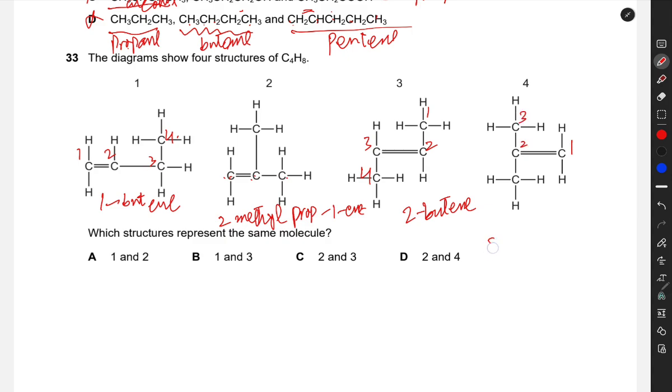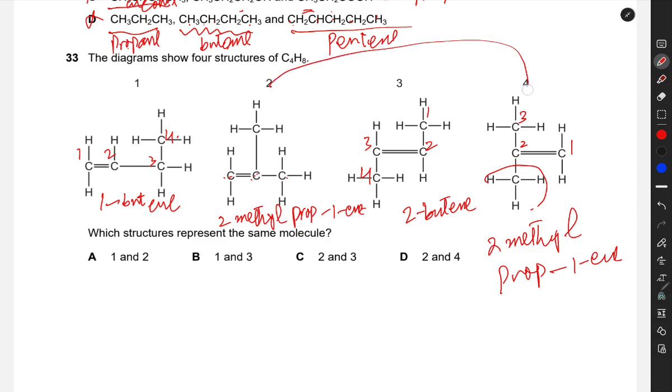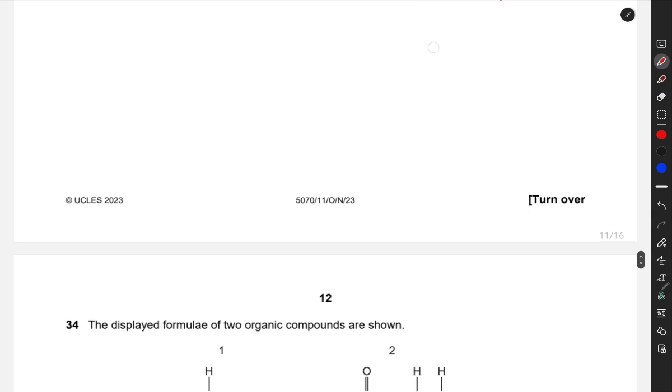This is 2-methyl propene, because at carbon number 1 there is a carbon to carbon double bond, and at carbon number 2 a methyl group is present. So this is the same structure. 2 and 4 are the same structure. This is 2-methyl propene, and this is again 2-methyl propene. So D option is the correct option.